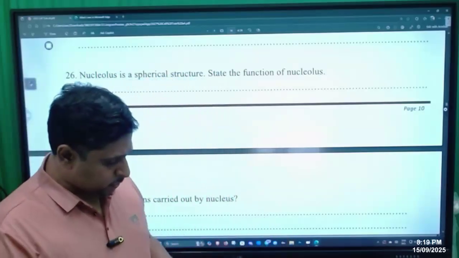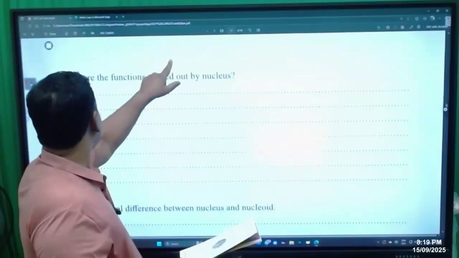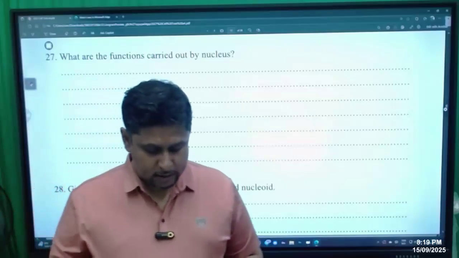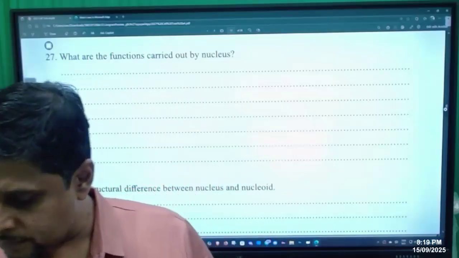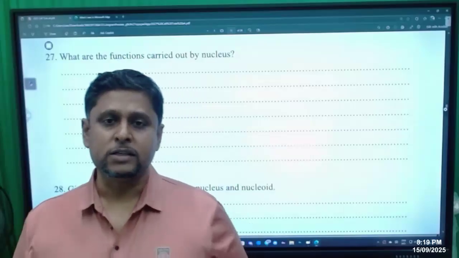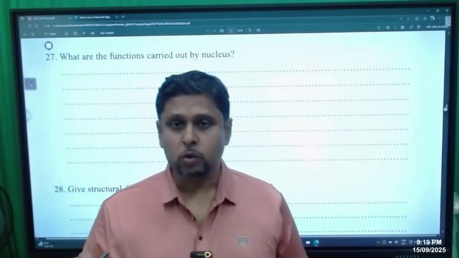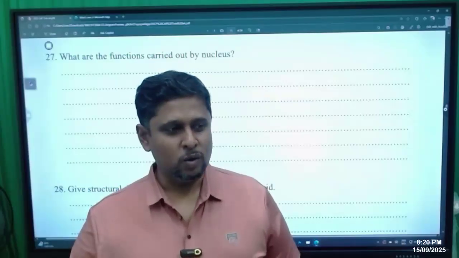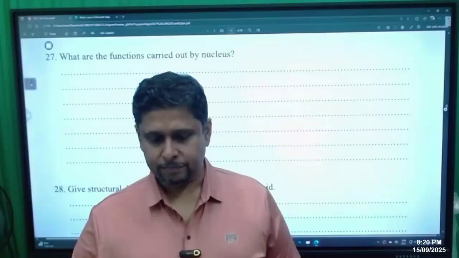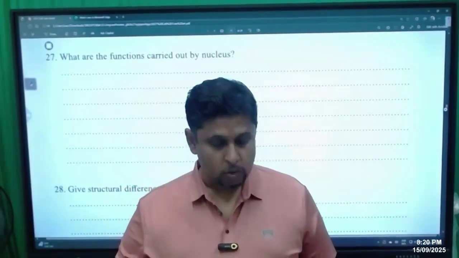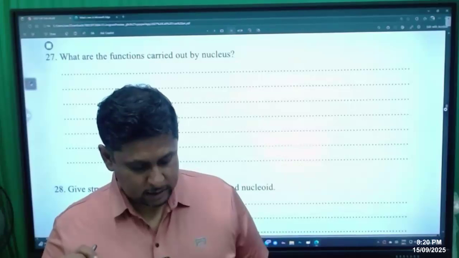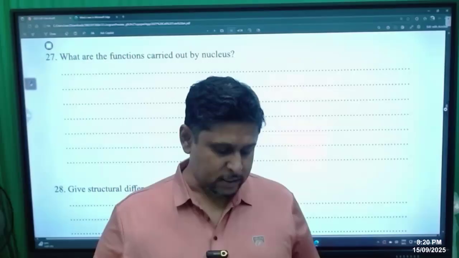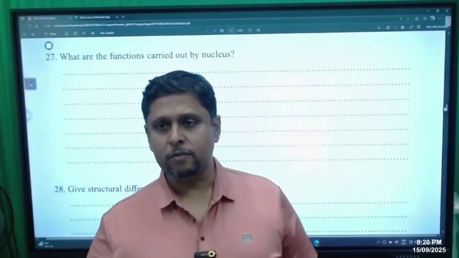Okay, moving to the next question, question number 27. What are the functions carried out by the nucleus? Now you can write a list of functions. Control all cellular activities. Synthesize DNA to produce new nuclei for cell division.